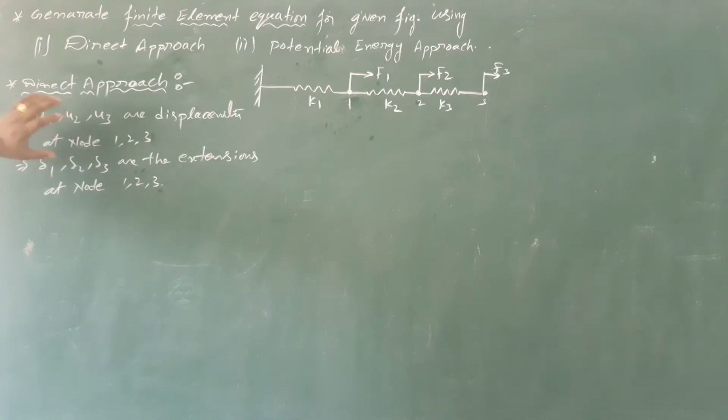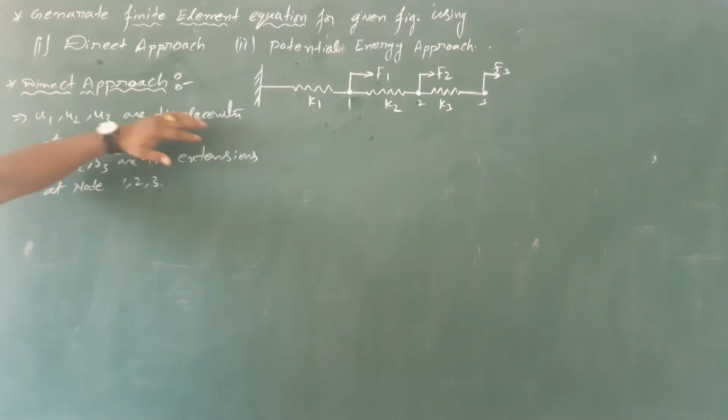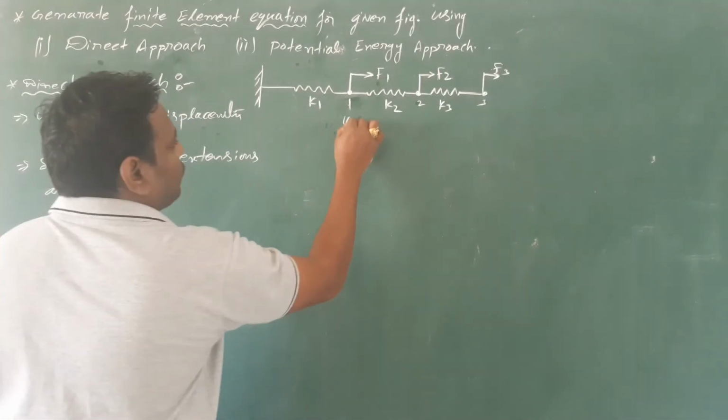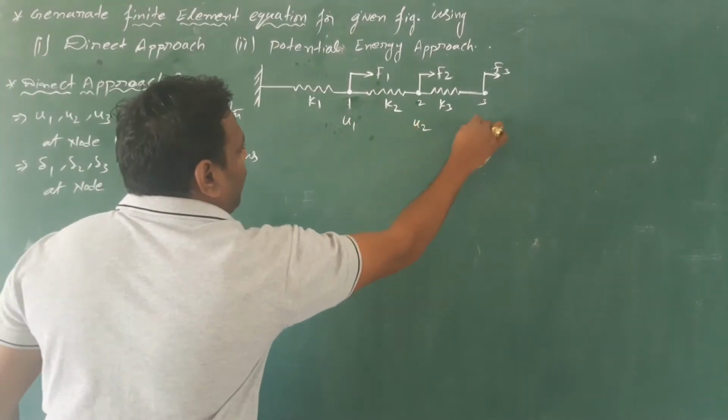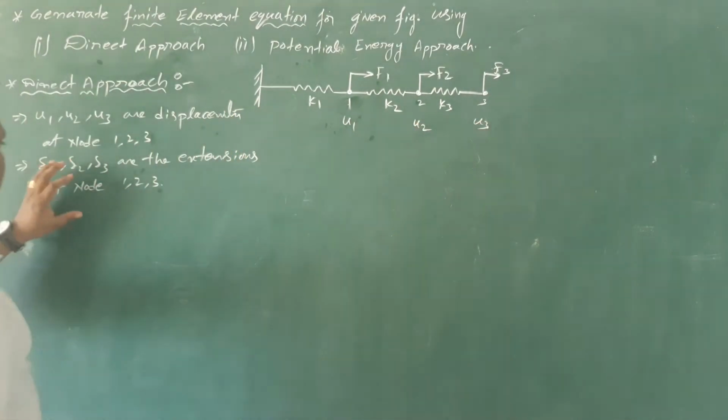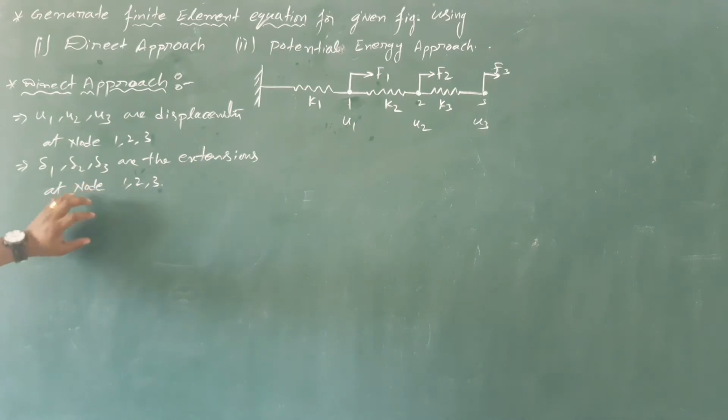U1, U2, U3 are the displacements, but delta 1, delta 2 and delta 3 are the extensions.